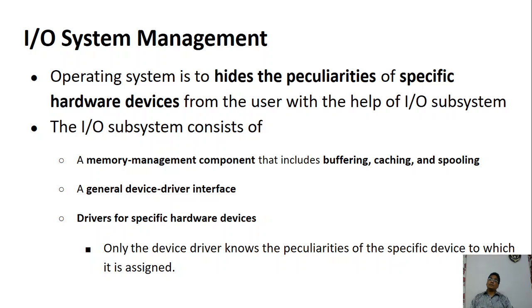The next component that the operating system provides is input output management. When we look at any input output device, whether it is your keyboard, mouse, or your monitor, all of them are complicated, and there is a specific way in which you have to interact with them.